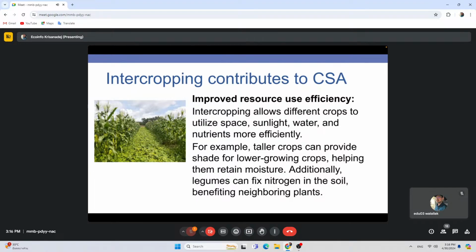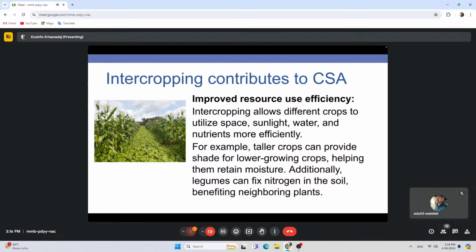So different plants require different amounts of sunlight. If you know that corn needs this kind of sunlight, and sometimes the corn provides some shading, then some plants that you plant in the middle of the row between corn require less sunlight and prefer some shading. You take advantage of that to choose that particular plant to plant between the corn rows. Does that make sense?